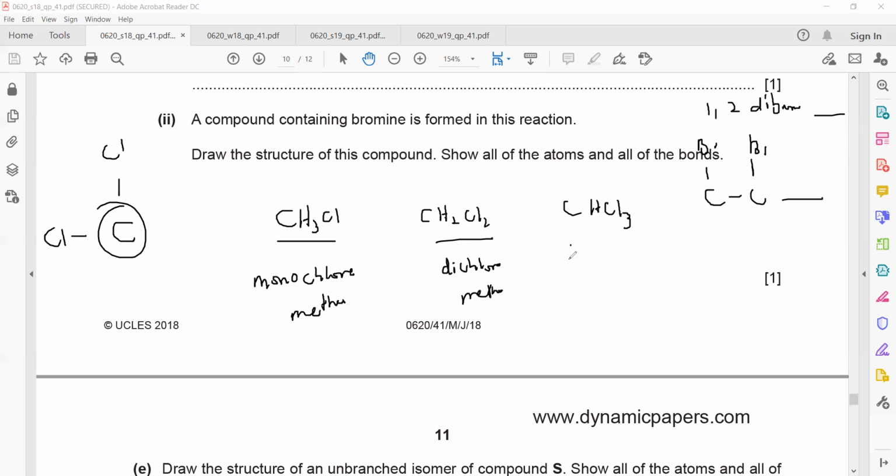Is it clear? So they're basically the same things, right? It's just that in the first examples, the halogens are all attached to the first carbon only. That's why we are not mentioning the position. Okay, sir. Thank you. This was a little bit confusing, sir. Thank you, sir.